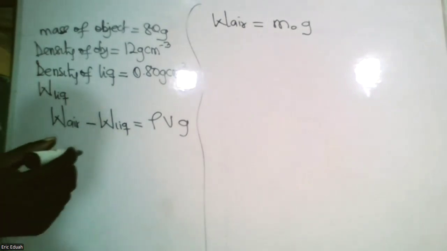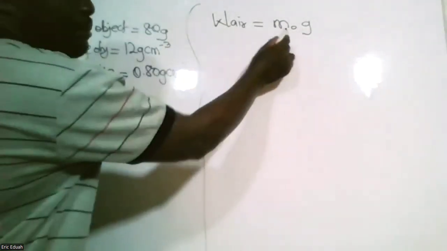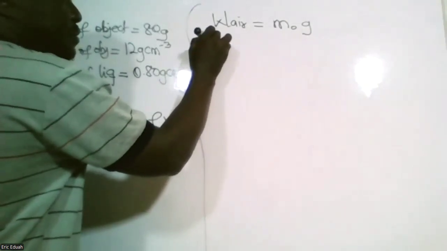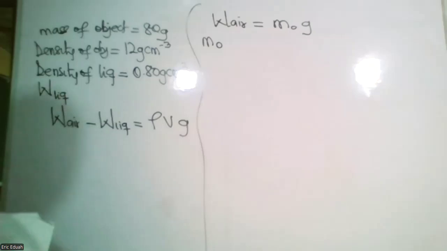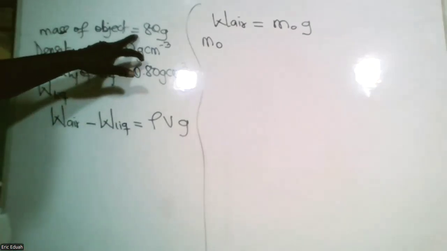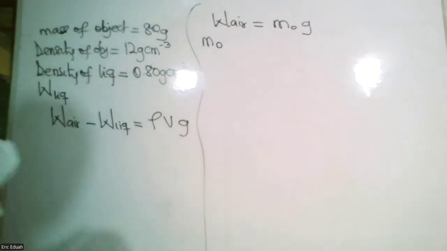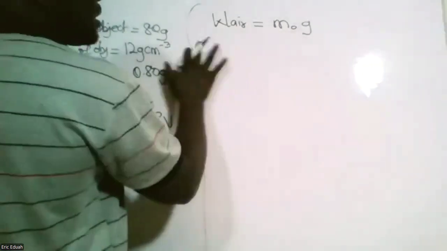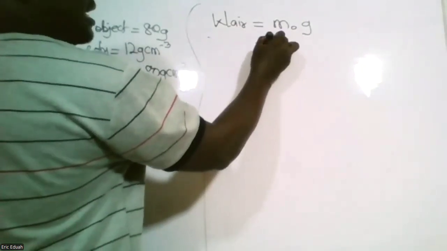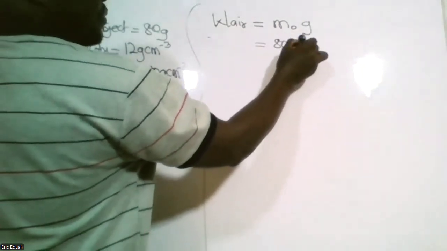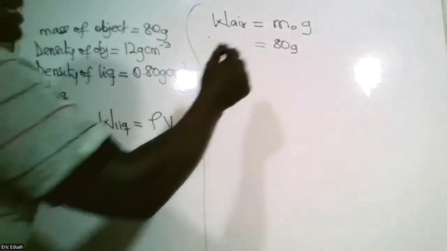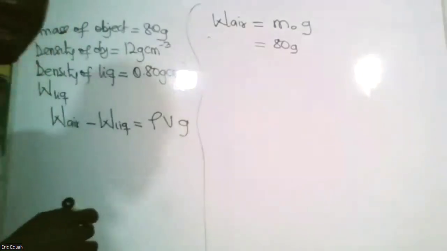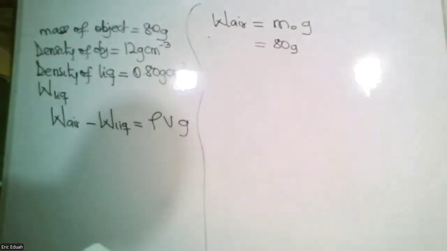So help me determine the mass of the object. We even have the mass of the object, 80 grams. So the weight in air is 80 grams times, you see, usually to find weight, it is mass in kilogram times acceleration due to gravity, which is 10.